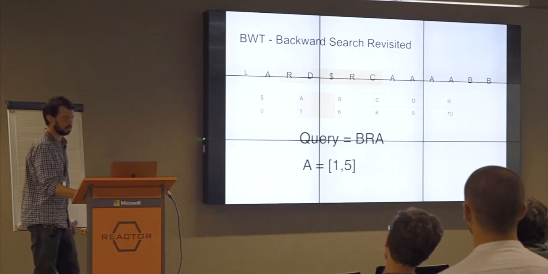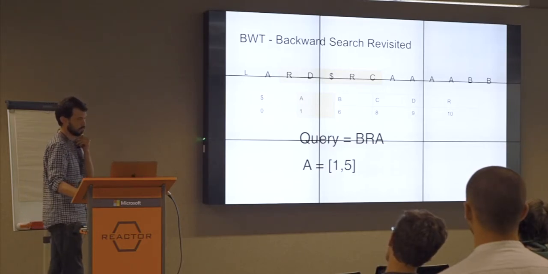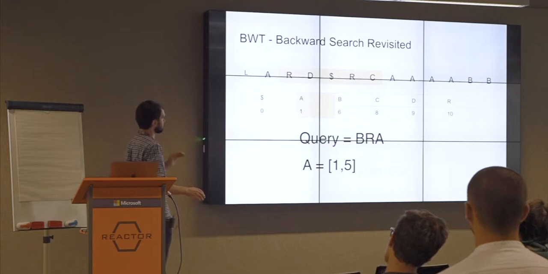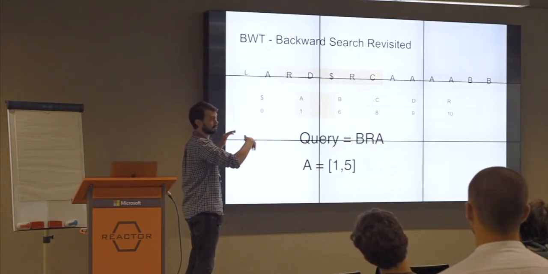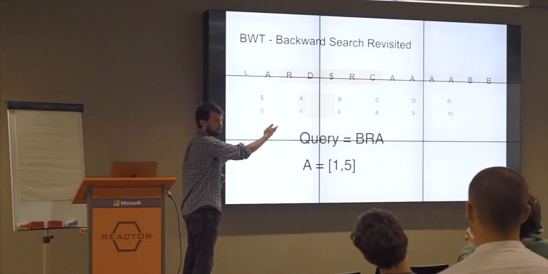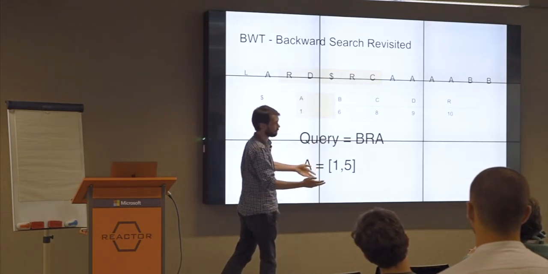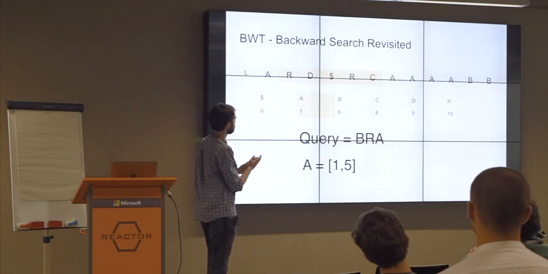Right, so here we're doing the backward search. We're looking for this string bra. We know that all the characters above A in F are characters which precede A, right? So there's some R's in there, obviously from bra. There's D's and C's, and there's the $ sign.